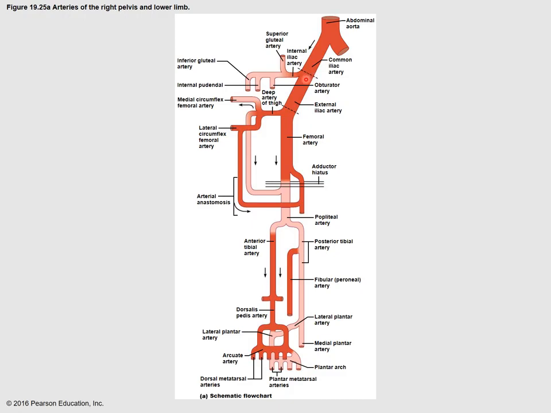And then the external iliac is going to continue on down, now you're in the upper leg, and then it becomes the femoral artery. Notice some of these branches will go more internal or deep, and some of them remain more superficial. The popliteal artery, remember, think of the area, that's the back of the knee. And then you have further branching as it continues down, all the way down to the feet.